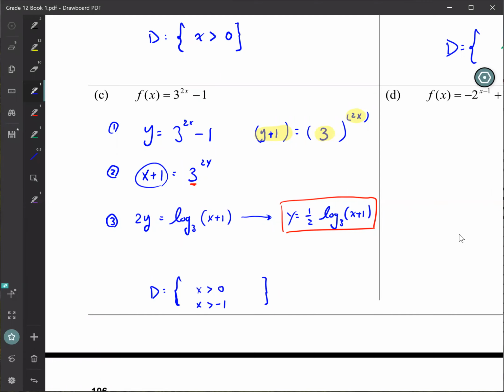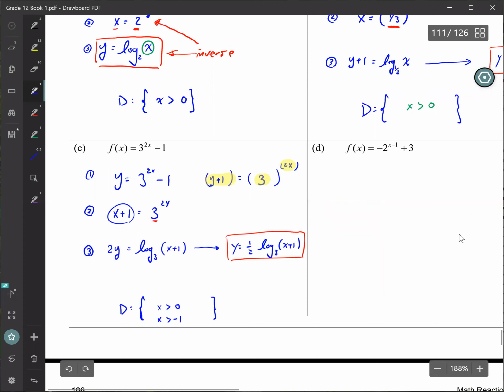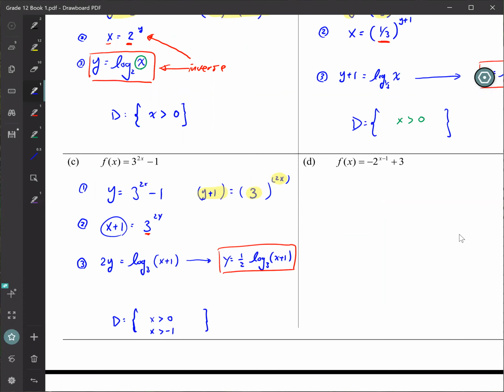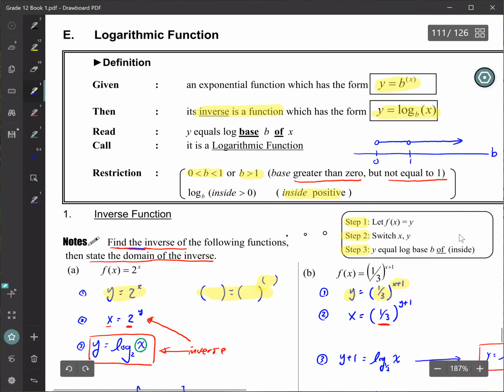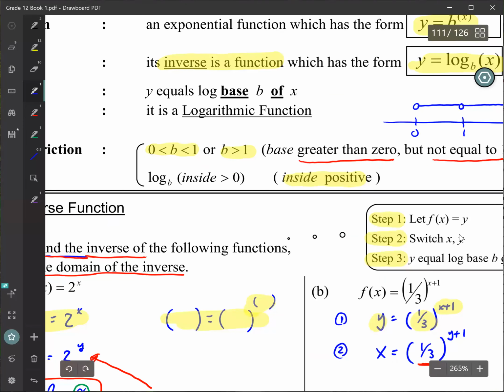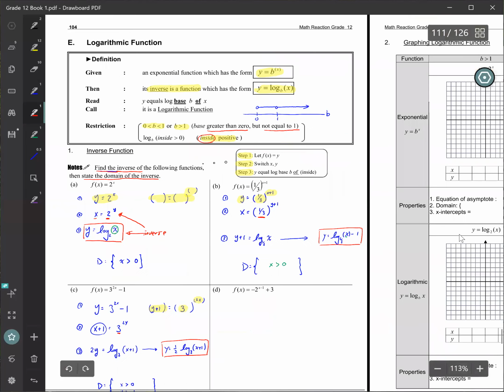Okay, so Cindy, how do we find the domain? How did you find greater than 0? I don't know. I just put it down. Oh, because you followed the other two questions? Yeah. Okay, you have to remember that the rule was inside. Inside must be greater than 0, not just X. So whatever is inside the bracket, you must keep greater than 0.